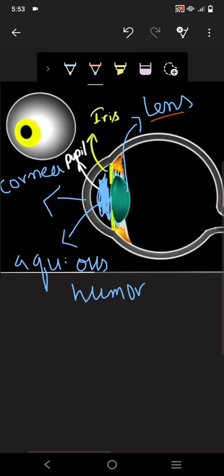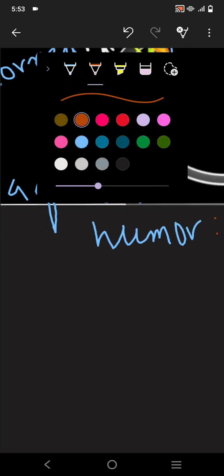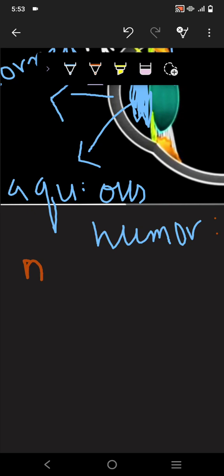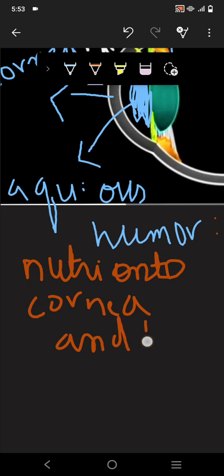What will the aqueous humor do? Aqueous humor will provide nutrition to the cornea and lens.